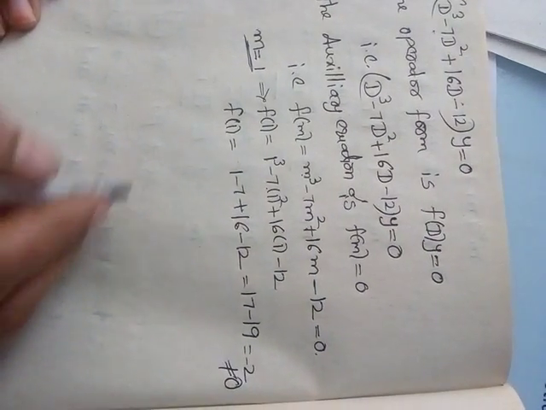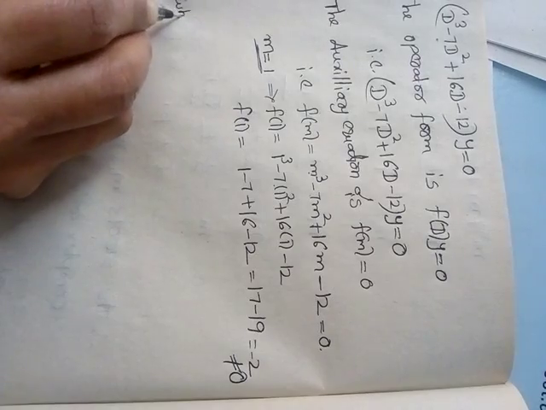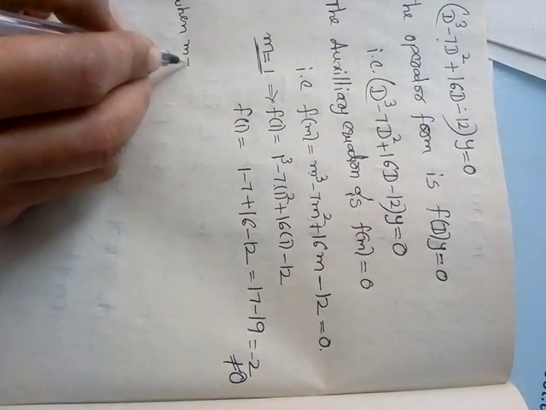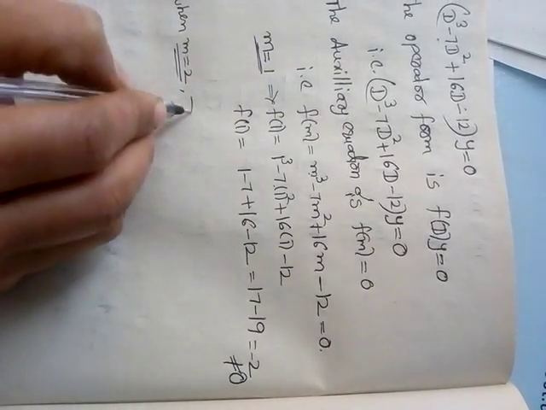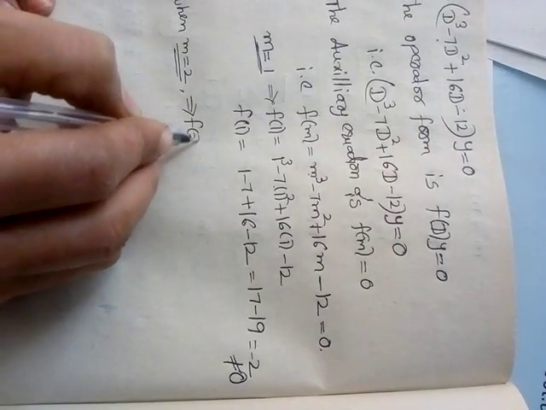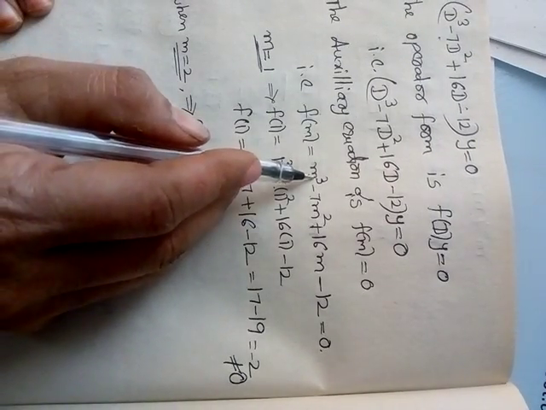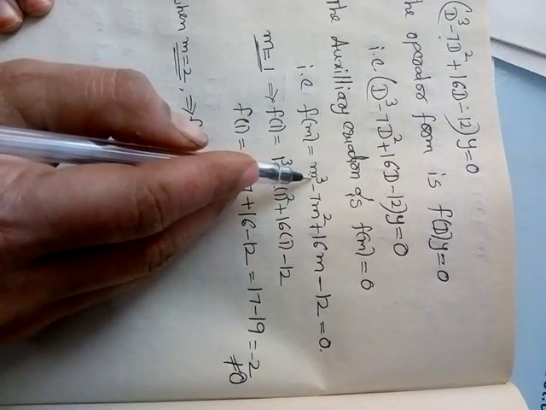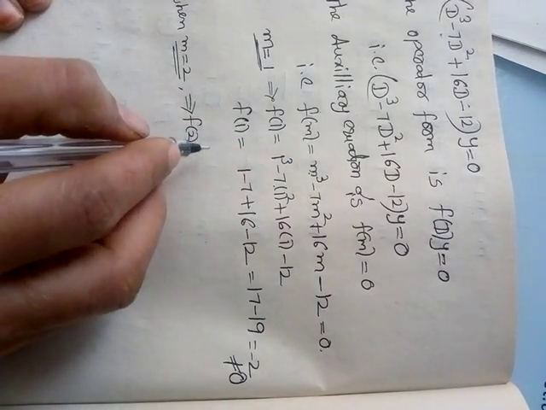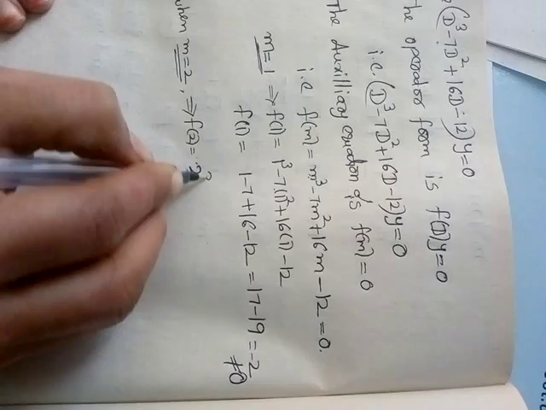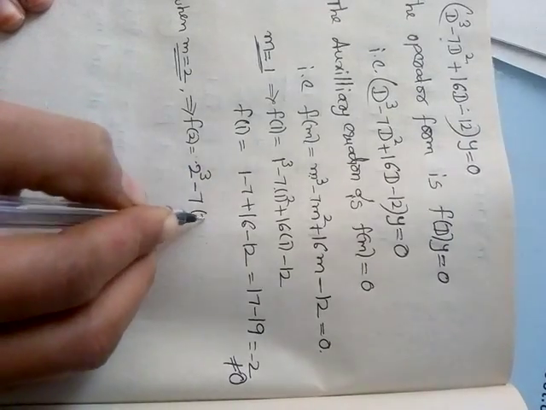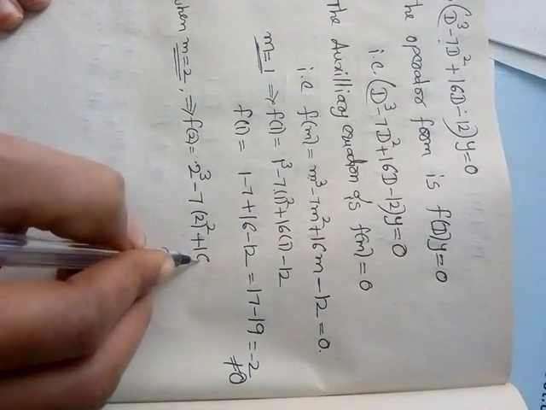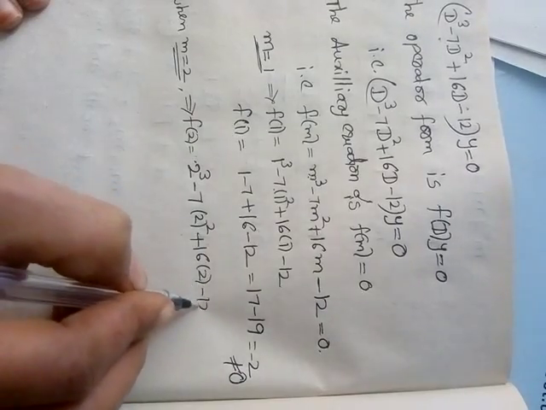So next, when m is equal to 2, f of 2 equal, substituted m equal to 2 in the equation f of m equal 0. So 2 cube minus 7 into 2 square plus 16 into 2 minus 12.